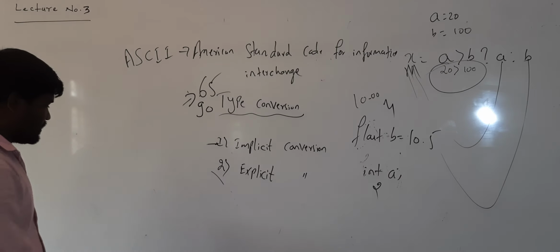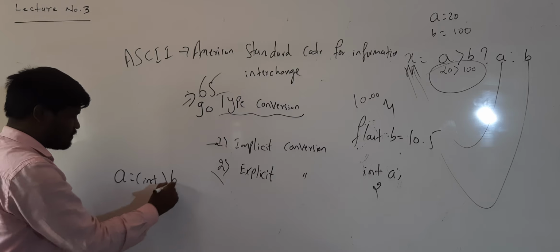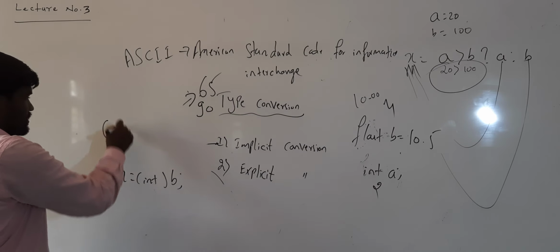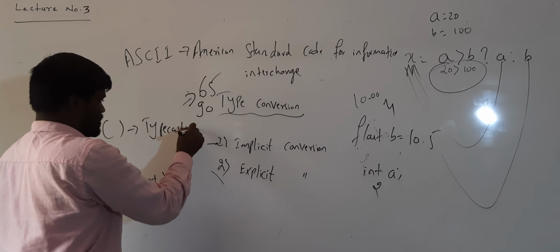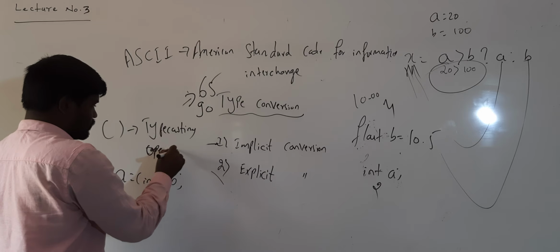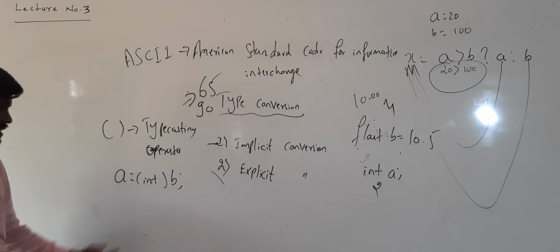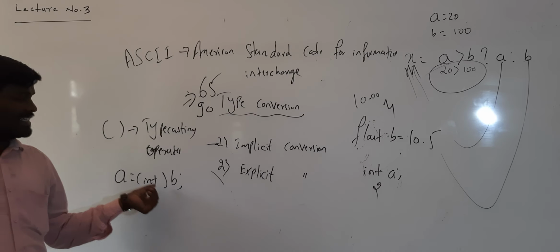It can be converted: a = (int)b. Here this is nothing but the typecasting operator. Within this operator we have to mention the target data type.